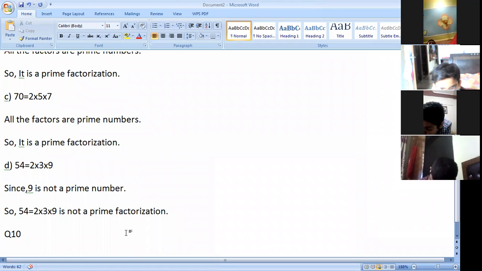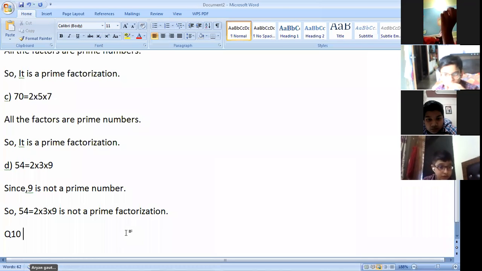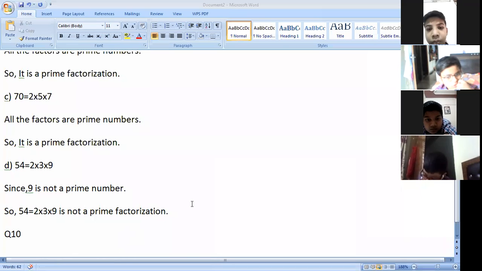So you know 5 and 9 both are co-prime numbers. You know what co-prime numbers are? I told you about co-prime numbers in the 3.4 exercise. What is a co-prime number? Aditya Raj, unmute and tell me.